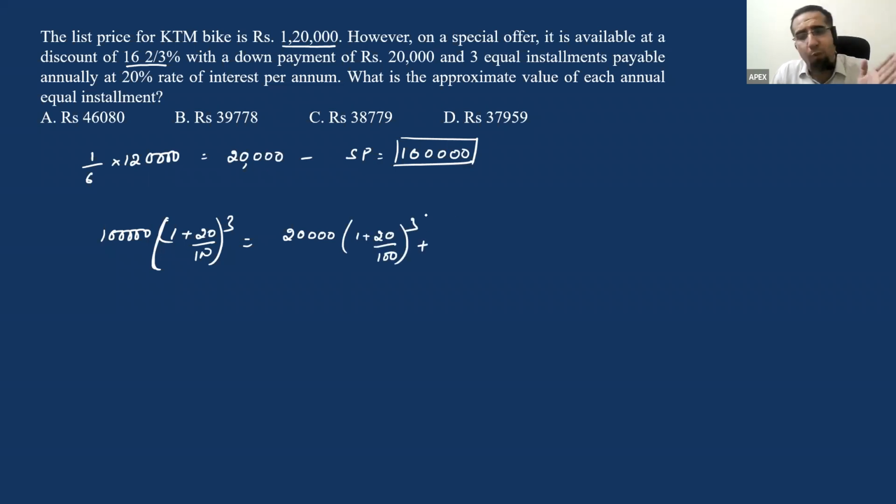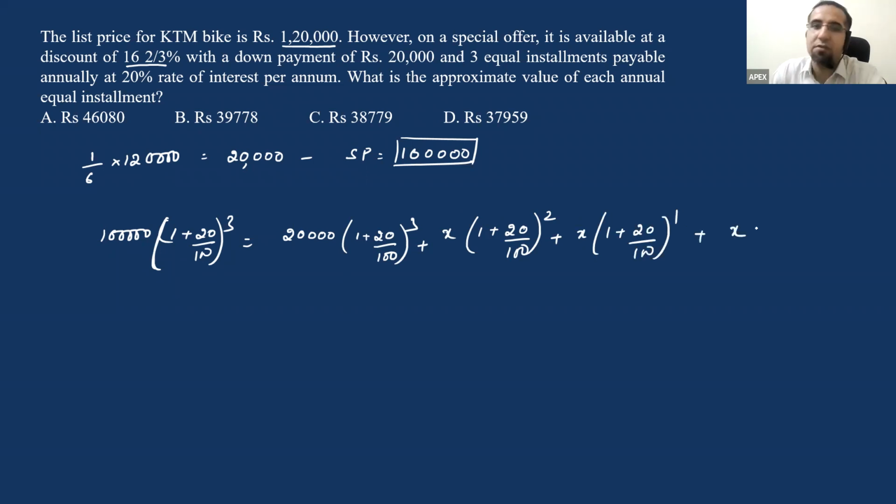Clear? Then I pay one installment after 1 year, right? Let's say the cost of each installment is X. That means there are 2 more years of interest which are left. So X into this remains for 2 years, plus the next part is the second installment is paid after 2 years, so therefore the pending amount is going to be for 1 year.